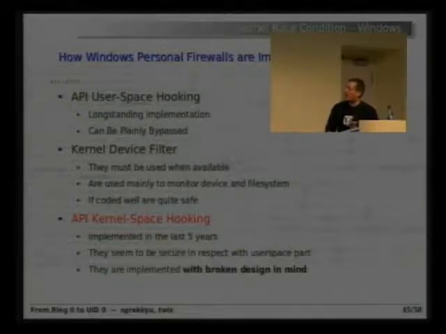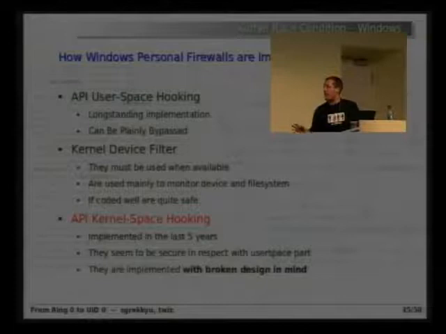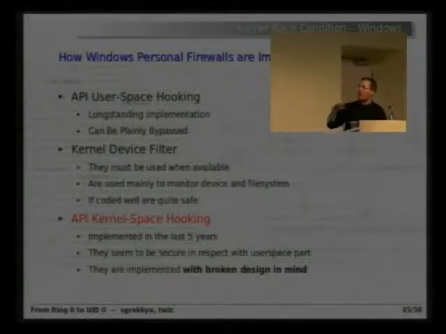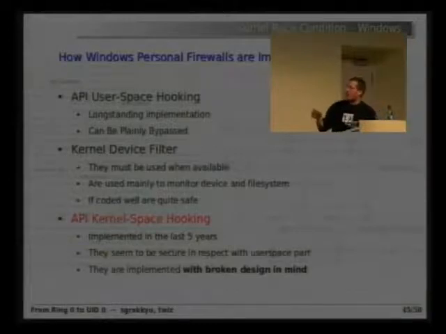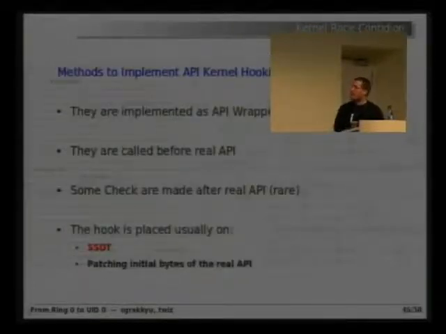Kernel space API hooking, used by most of these products, seems to be secure compared to user space API hooking, but it is a broken design because it is placed in the middle of the chain of API hooking: the API wrapper, then the original API, then user space access.